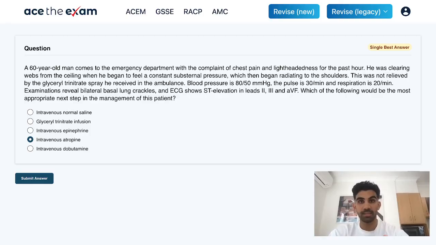It'll increase the heart rate, the cardiac output will improve, and the mean arterial pressure will improve. Some key teaching points here: bradycardia is common in inferior wall MIs, and hypotension is often heart rate driven, so you want to treat the heart rate first.